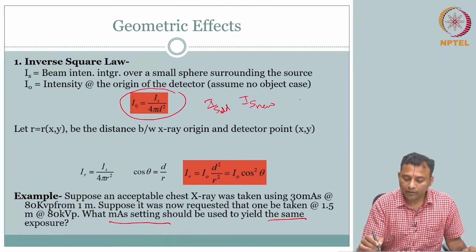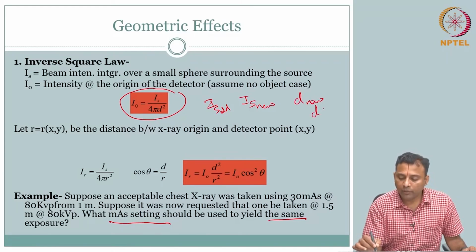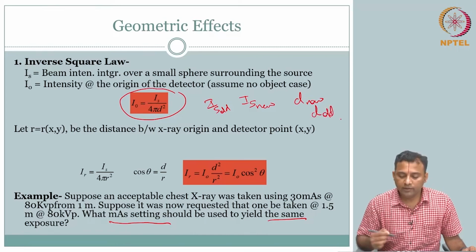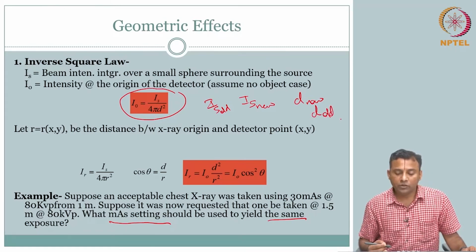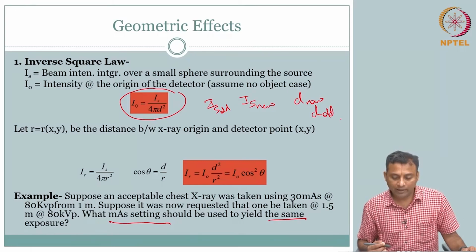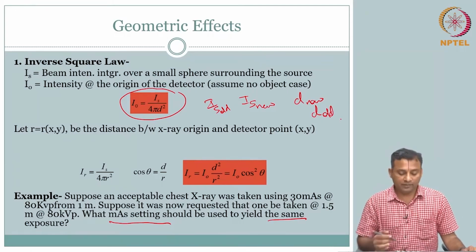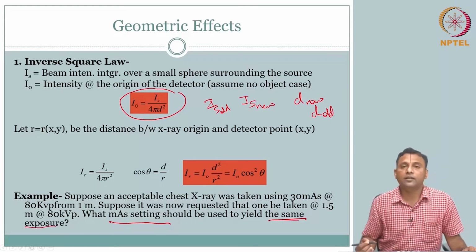I know my D new, I know my D old is given, right? So if this is given, then what do I need to do?